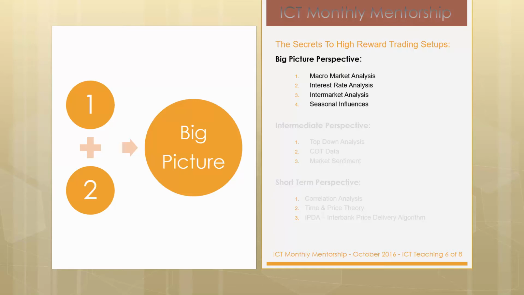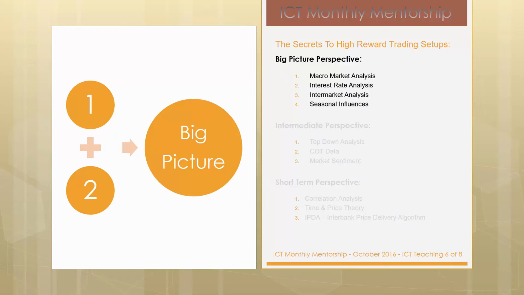When we look at the big picture perspective, okay, while there's 4 areas of study, we're going to need to primarily focus on at least 2 of these that have to come into agreement. Okay, what I mean by that is our macro analysis, our interest rate analysis, our intermarket analysis, and seasonal influences. All 4 of these do not have to agree, okay?